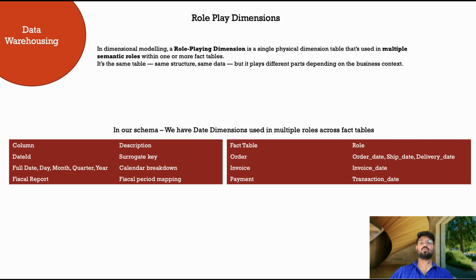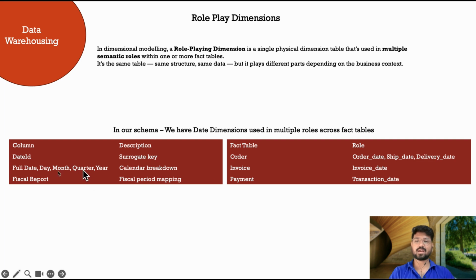Now talking about role play dimension. In dimensional modeling, a role play dimension is a single physical dimension table, but it plays several roles in multiple fact tables. Suppose an actor is playing multiple roles in a movie, that can be considered as a role play dimension. In our schema, we have a date dimension used in multiple roles across fact tables.